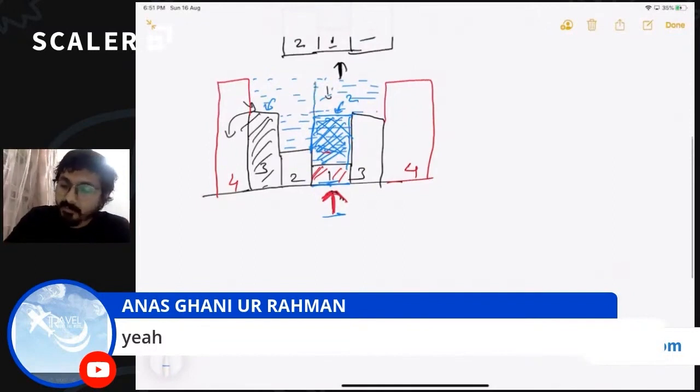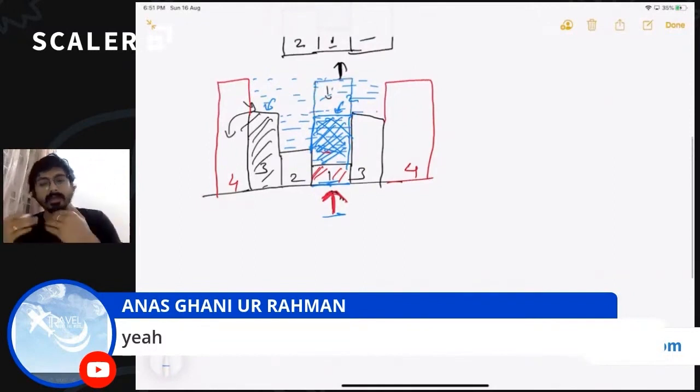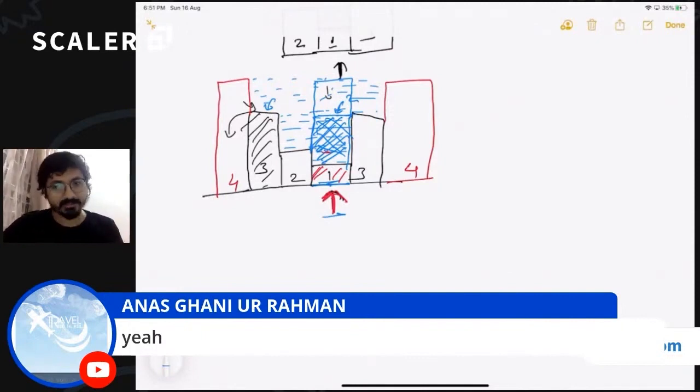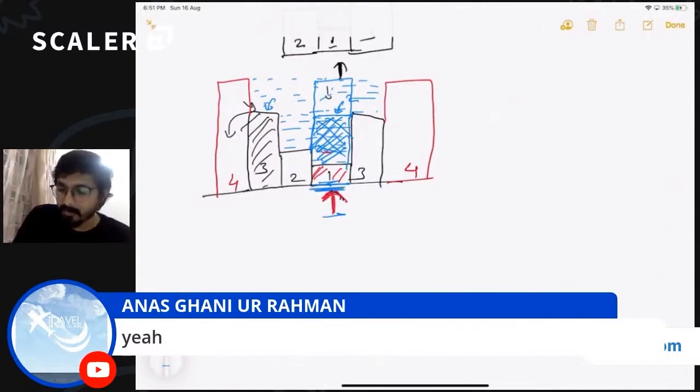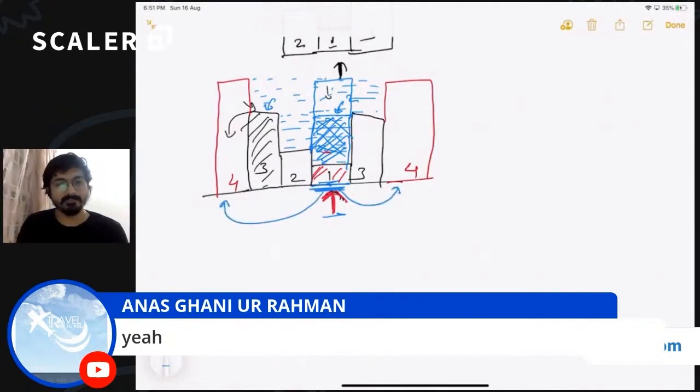The height of the water column stored above any bar is nothing but the minimum of the maximum height that you can get on the left side and the maximum height that you can get on the right side.